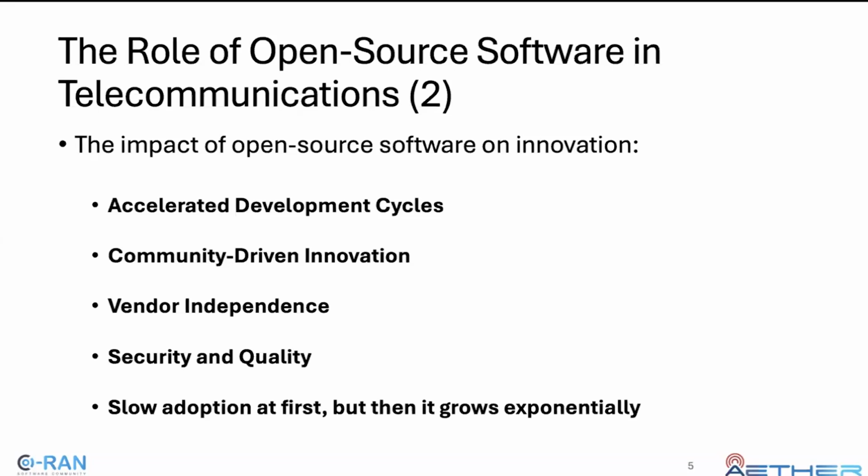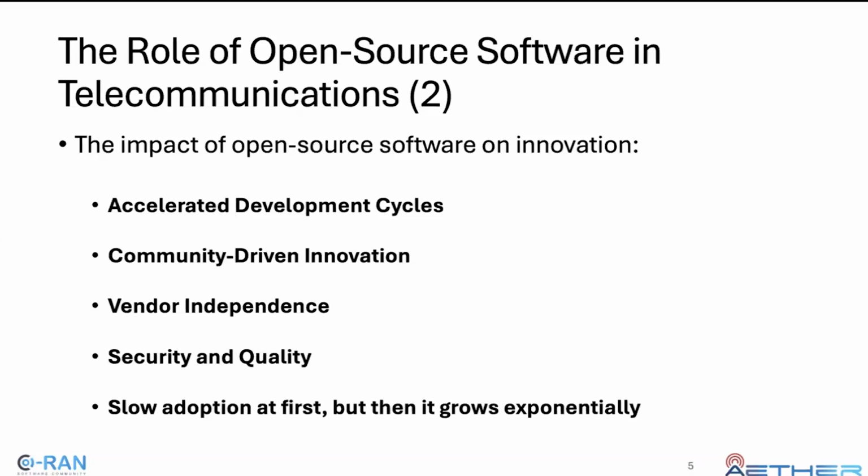You take the code and you can come up with new ideas. Also, vendor independence is somehow assured because open source software reduces the dependency on specific vendors, giving the operators, telecom operators, more control over their networks.